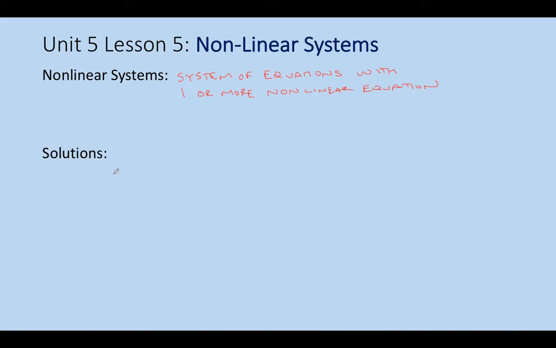All right, and you know what a solution to a system of equations is. It's the coordinate, or the x-y value, that makes both, or all three, equations true statements. And it's the same thing here.